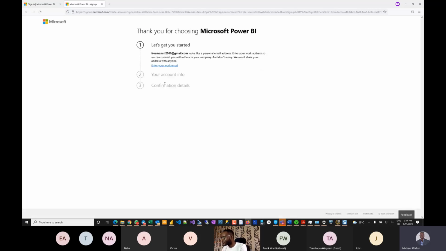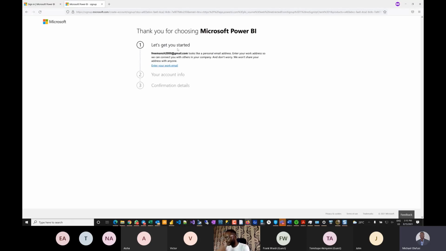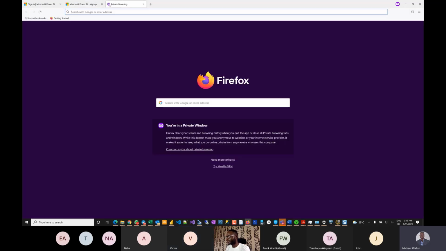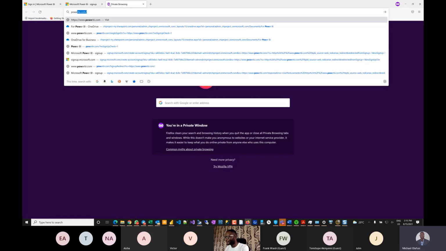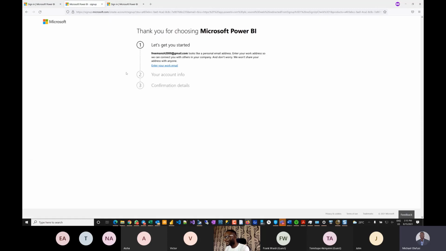See, it says, this looks like a personal email address, enter a company email address. Okay. Exactly, that's what it usually says. So there are two solutions, or two things, let's call it solution, because one is not a solution, one is a solution. The thing is, to use Power BI, it's not compulsory you have an account.